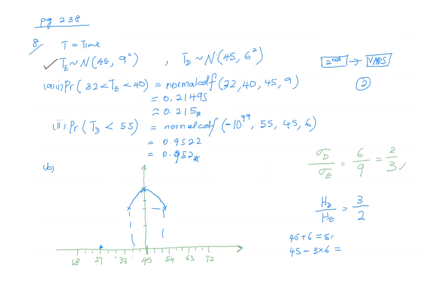Then the other upper end is 45 plus 3 times 6. What do I get? 63. 63 is here, so it fades away here. So the graph goes a bit steeper down, like that. Then you put an arrow. And this, the other side, goes down like that. It should be steeper.